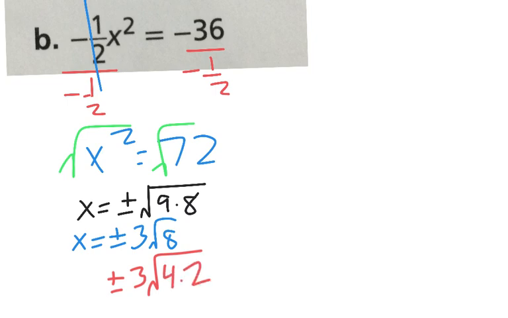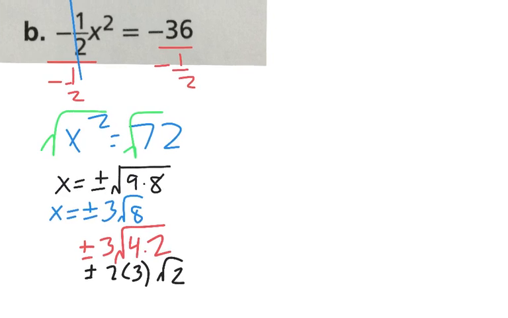The square root of 4 is 2. So you would have 2 times 3 on the outside, and then radical 2 left on the inside. And so if you do it this way, 2 times 3 is 6. So this should be 6 radical 2. That will work.